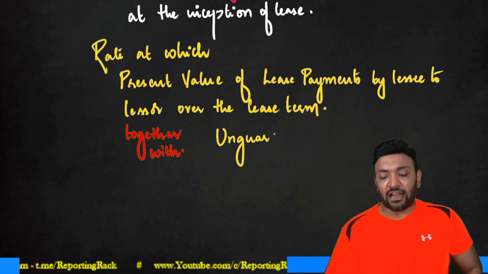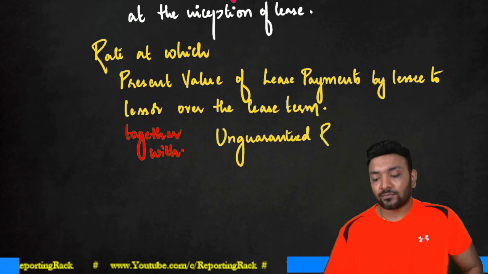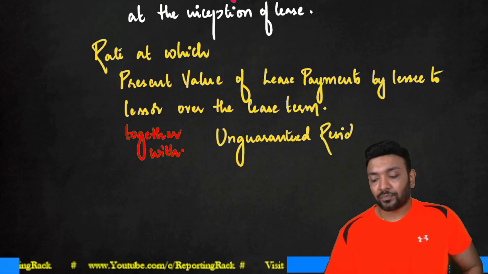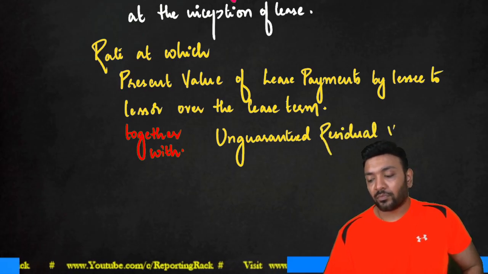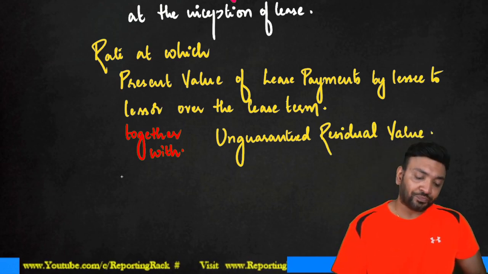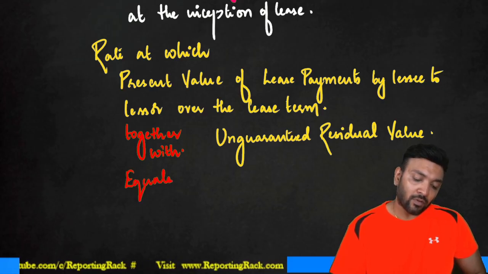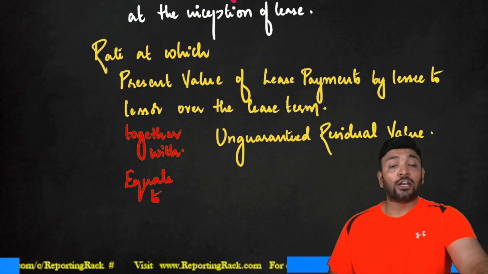Unguaranteed residual value, equals to, what should it be equal to?